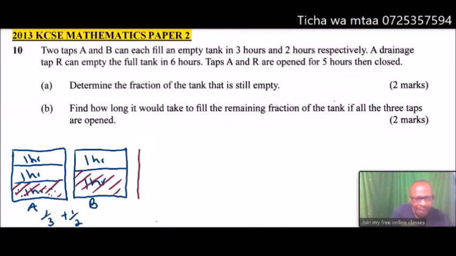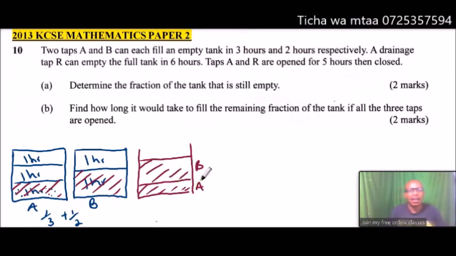So our tank will have this third, this is water, and then a half. This is what will be filled by A, and this is what will be filled by B. I think that once you understand that, then this question will be very easy for you.